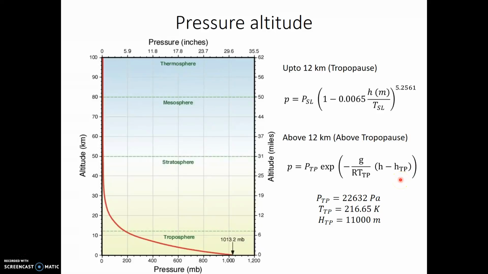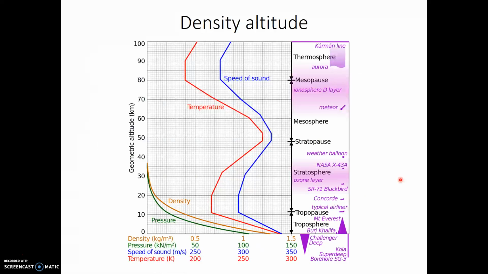Again, these are the two equations which you can use to determine the ambient pressure at a given altitude. Okay, so now we've seen temperature and pressure, and what's left is density. Density also varies similar to pressure.